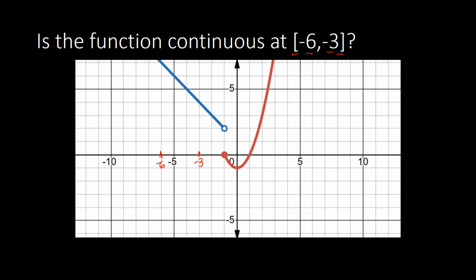And we are to consider the type of interval there. That's a closed interval, which means that this one here is included. This one also is included. So we are to trace the graph.